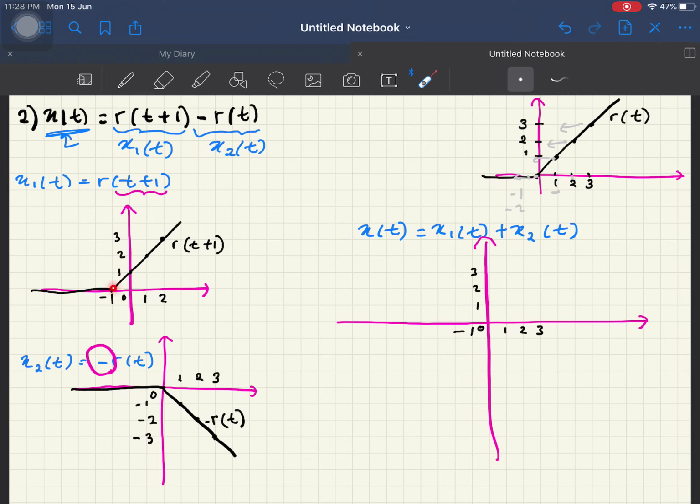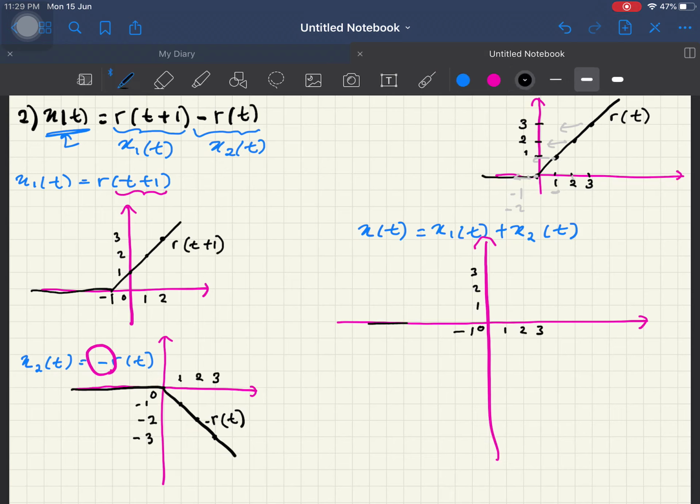The first signal here has a value of 0 until -1. For the second signal, you have a value of 0 until 0. So the resultant signal will have a value of 0 until -1.